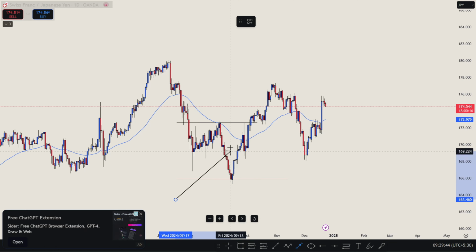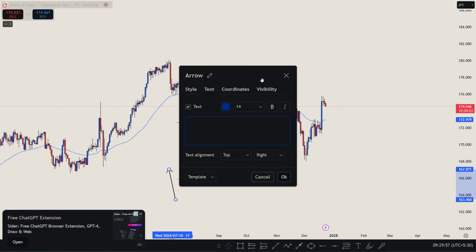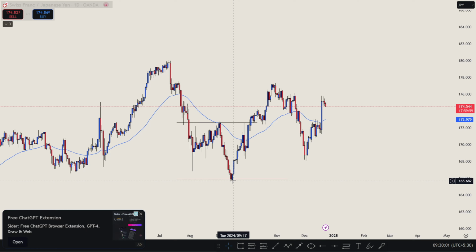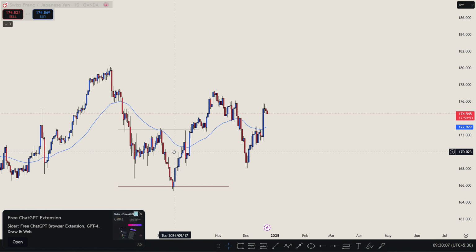A point which gets broken has to have a new lower high here only. You can't just take the previous lower high. So once the lower low gets broken, the lower high also has to change. And keep that in mind, because many people, if they mark the lower low, keep the lower high somewhere here. No. A point gets broken, then it has to create a new point also.